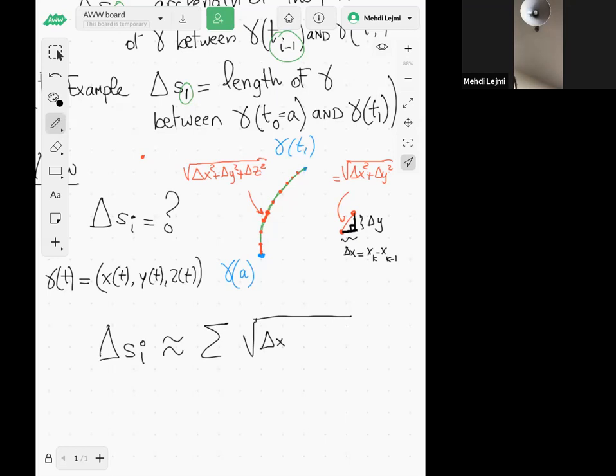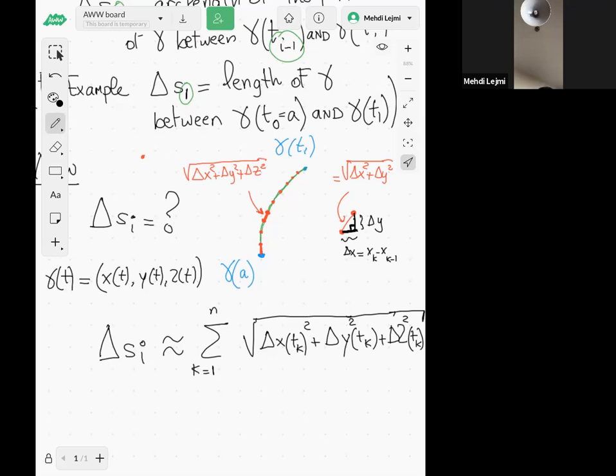So this is delta of x of t subscript k, squared, plus delta y of t subscript k, squared, plus delta z of t subscript k, squared, summed over k, with k going from 1 to n. So I just divided my arc length into n very small portions.